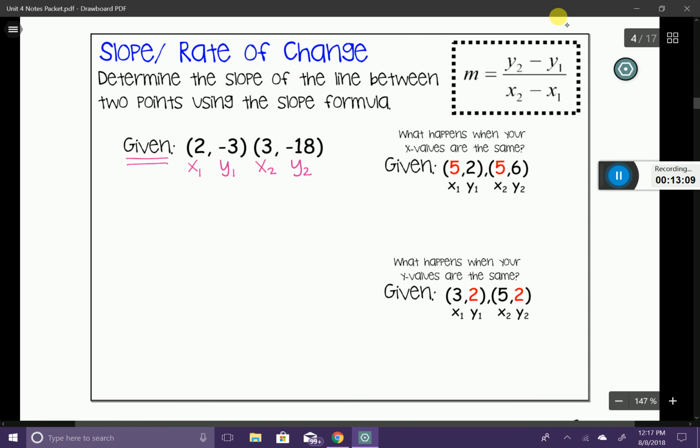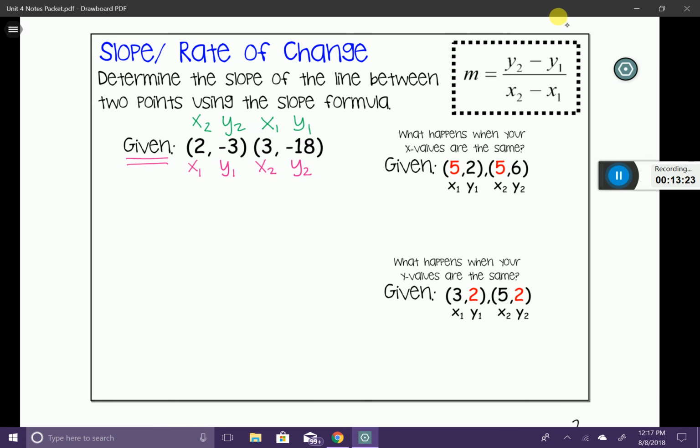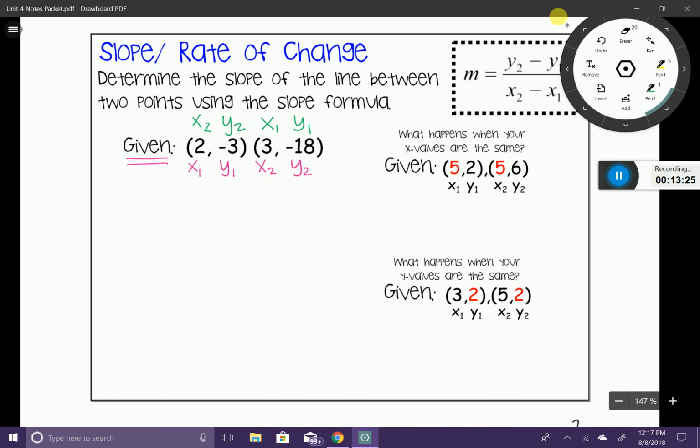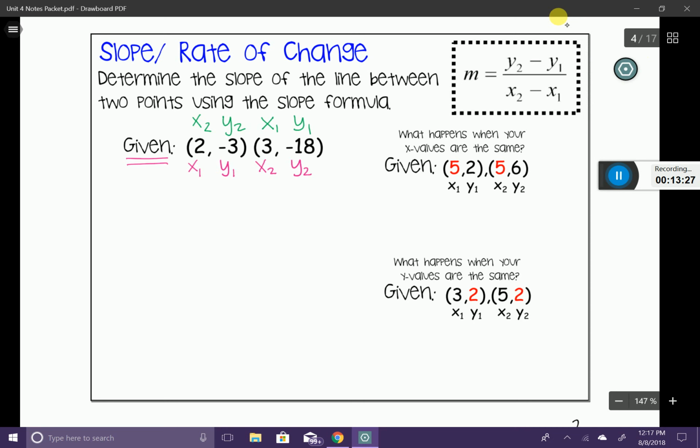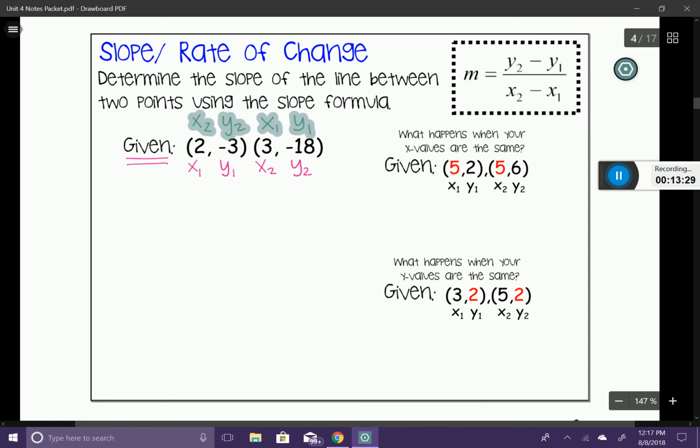I could also call this guy x2, y2, and then x1, y1. I can absolutely do that. Now, I can't mix up the x's and y's because we always know that the first position is the x and the second is the y. But I can flip the coordinates if I like.